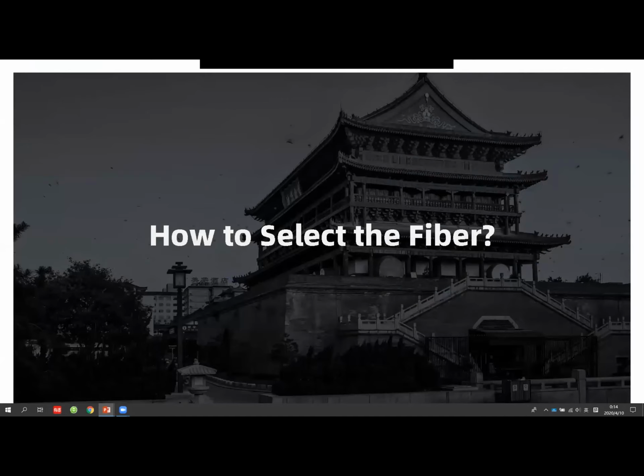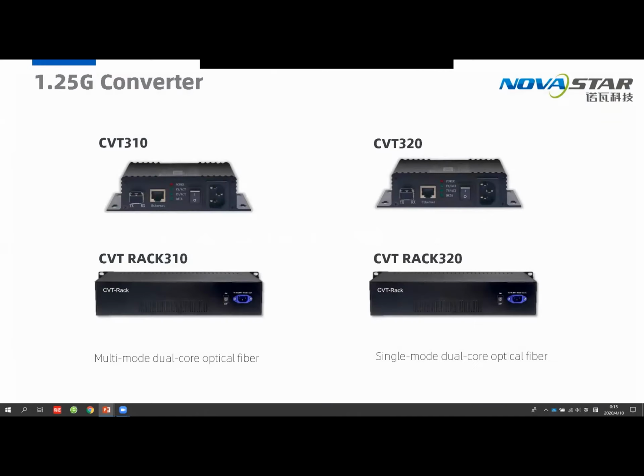We have introduced all the ways to choose the fiber converter. But do you know how to select the fiber according to your solution? Just now we mentioned that the CVT 310, 320, and CVT ROX 310, 320, the transfer speed is 1.25 gigabits per second.